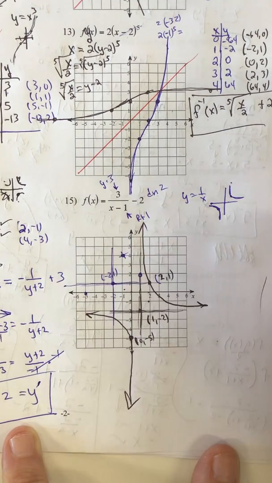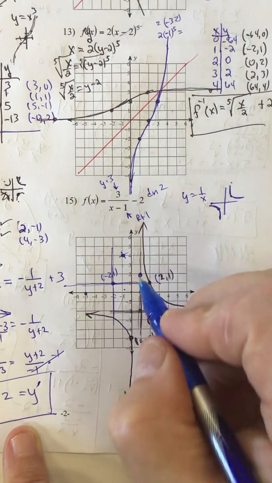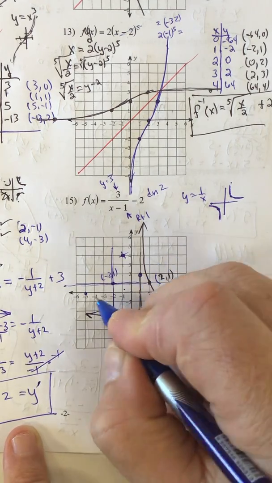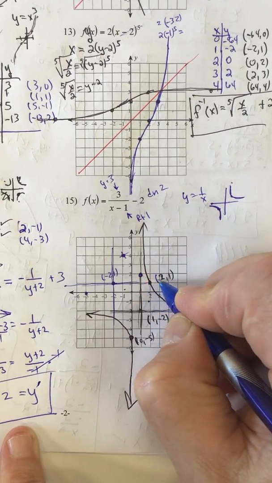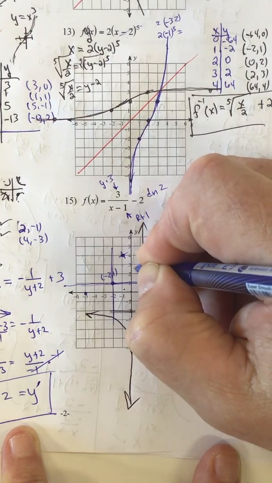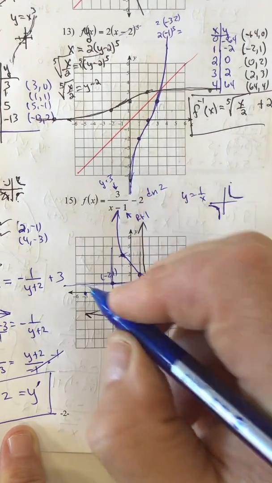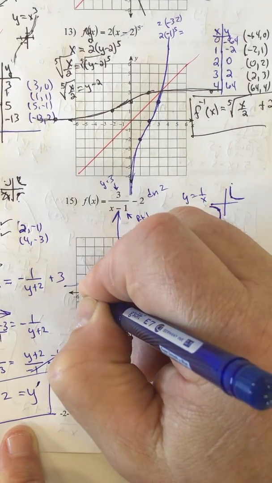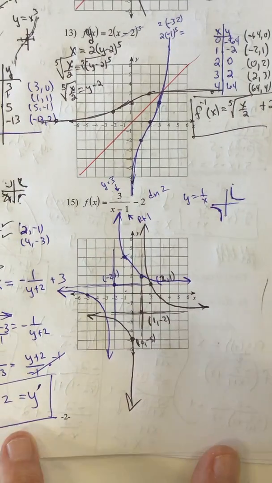Okay, this dot's not in there. So here's the 1, 1, and there's the other one. Let's bring this one into and up to there. And that puts this one into the blue asymptote and up to there.